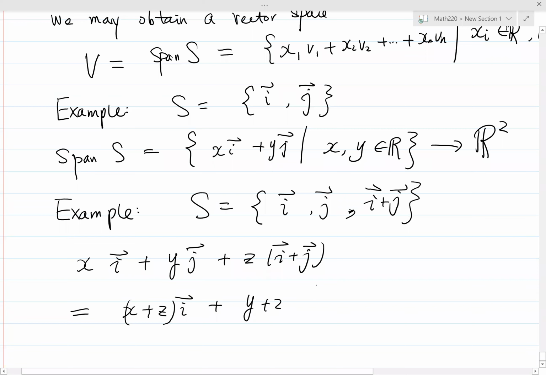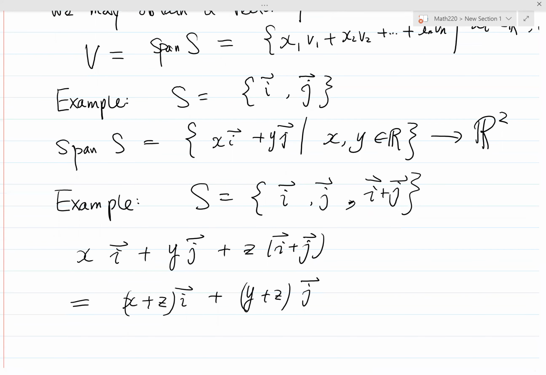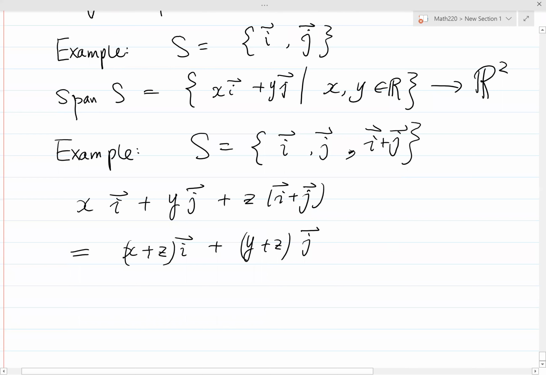So again it's of the form some multiple of i plus some multiple of j. So we have a redundancy, and it suffices to use only the first two vectors.